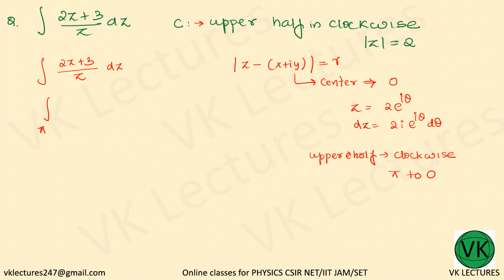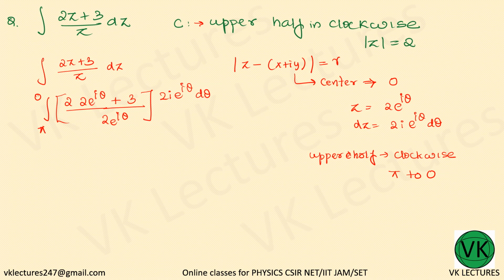So pi to 0, z is 2 into 2 e to the power i theta, divided by, plus 3, into 2 e to the power i theta. Now we need dz. dz is 2i e to the power i theta d theta.